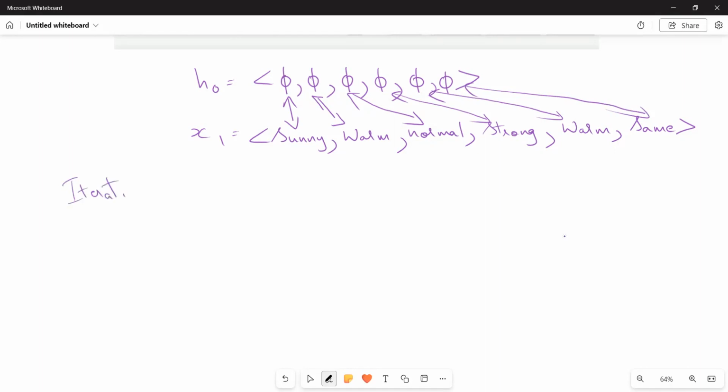So for your iteration 1, your outcome, that is your first hypothesis, is the same as example 1, because null and sunny gives you sunny again. So your outcome is going to remain the same.